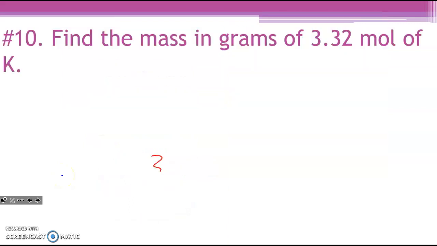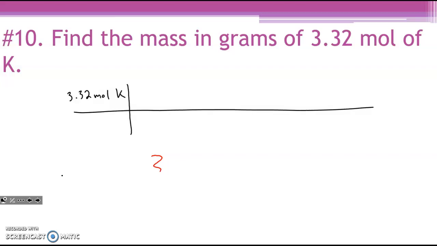So let's find the mass in grams of 3.32 moles of potassium. I start out with 3.32 moles of potassium. For every 1 mole of potassium, I have 39.10 grams of potassium. Well, where did this come from?